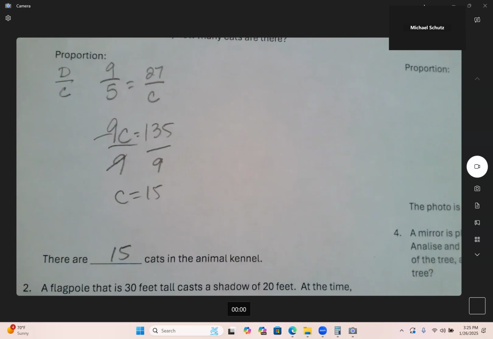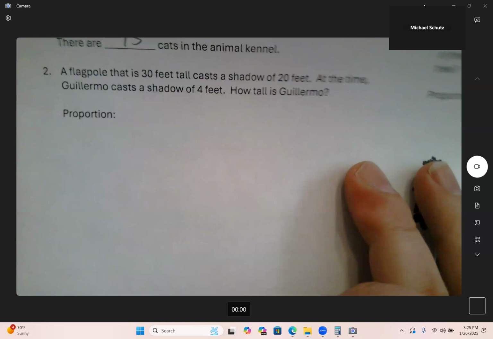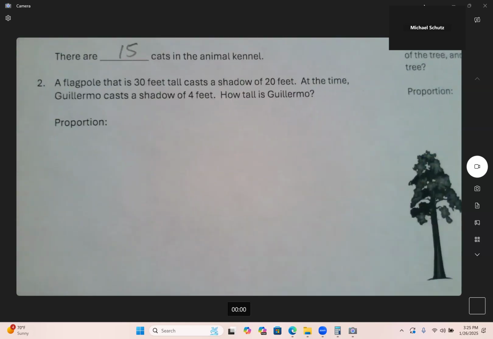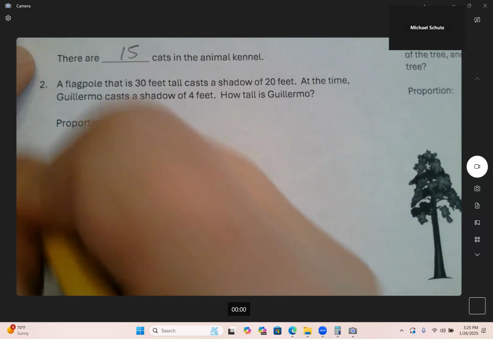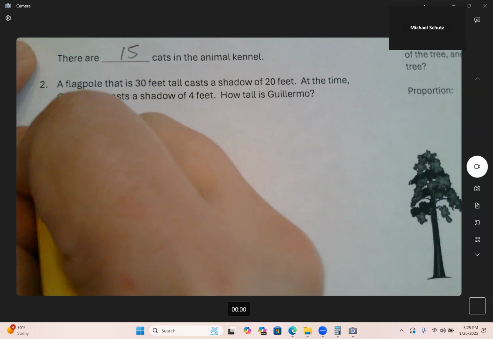Okay, let's take a look at now number 2. Number 2, it says a flagpole that is 30 feet tall casts a shadow of 20 feet. At the same time, Guillermo casts a shadow of 4 feet. How tall is Guillermo? So I have a flagpole.